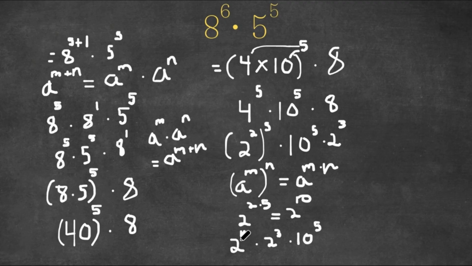In this case, we have 2 to the power of 10 times 2 to the power of 3. We're simply going to add these two exponents together, and 10 plus 3 is 13. So this would equal 2 to the power of 13 times 10 to the power of 5.